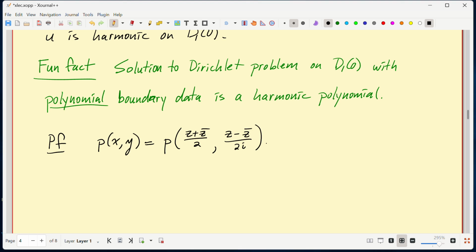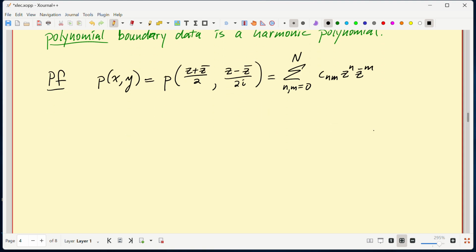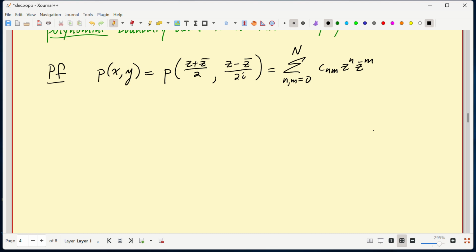And that we could expand as a polynomial sum, n, m going from 0 to some order n, of complex numbers c_nm z to the n, z bar to the m. And here's the easy way to see that I can extend that as a harmonic function. Let's think of some cases here.